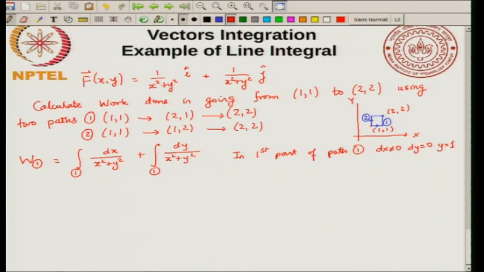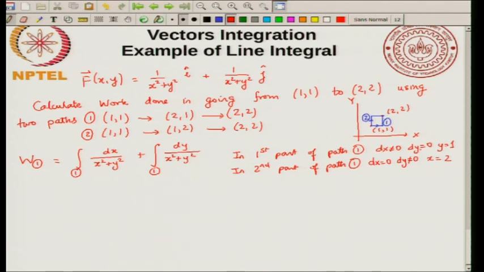In the second part of path 1, dx equal to 0, dy not equal to 0 and x is fixed at 2. So, along the entire second part of path 1, x is fixed at 2. This is the information about the contour that you have to use in order to do this integral.